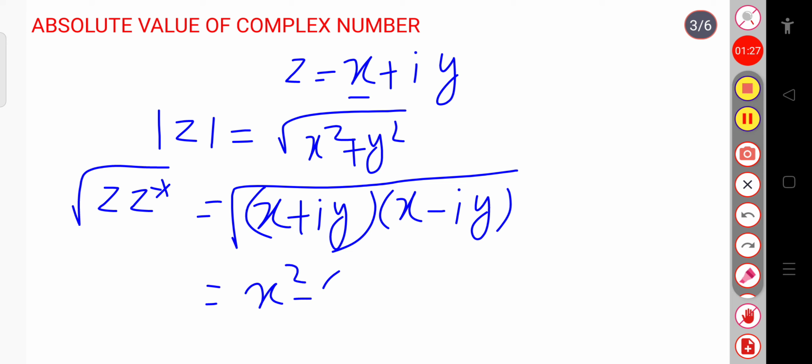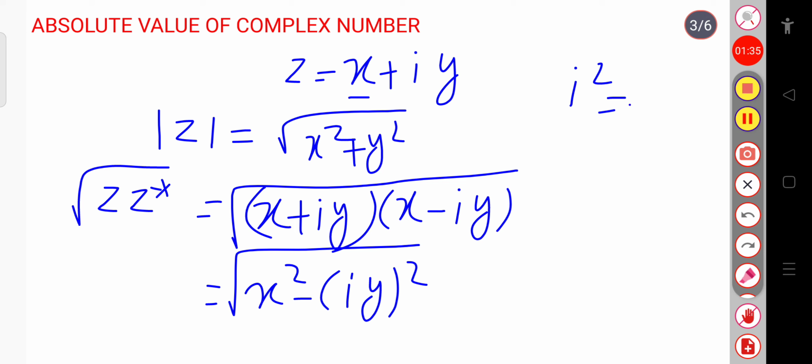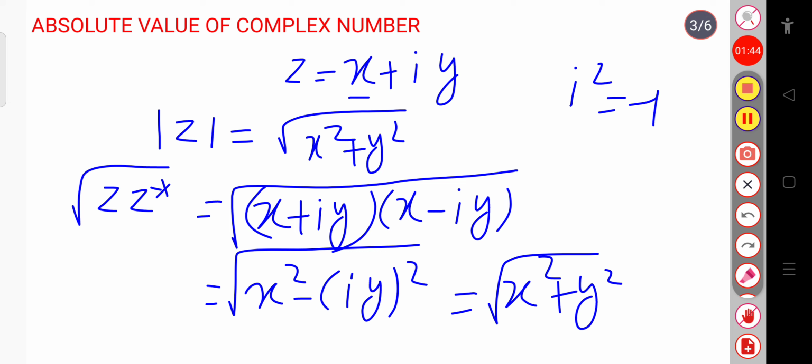So minus b square means here iy whole square, again under the root, you know i square value is minus 1, that's why this becomes the root of x square plus y square. Clear?